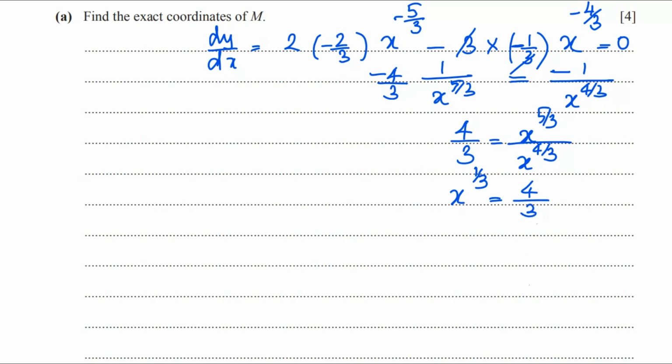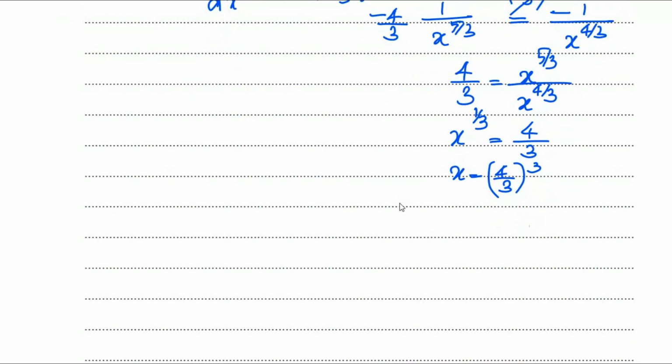Let's raise the power by 3 on both the sides. So we get x equal to 4 over 3 the whole power 3. So x will be 64 divided by 27. Okay.